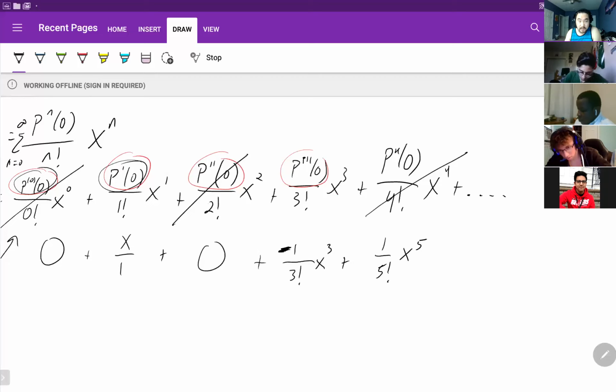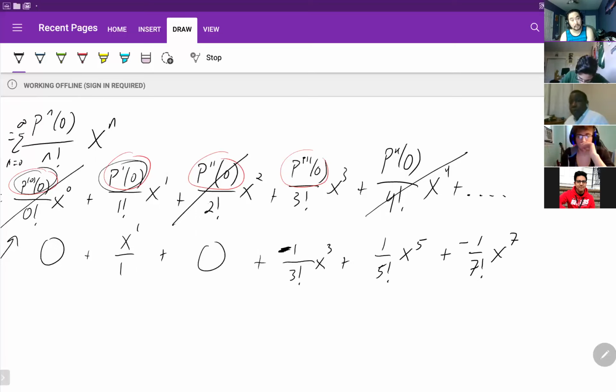What would the next non-zero term be after that? Negative 1 over 7 factorial. Do you see the pattern yet? They're odd exponents. If there are odd exponents, it's alternating, and then the denominators are odd factorials. And this is going to go on forever.